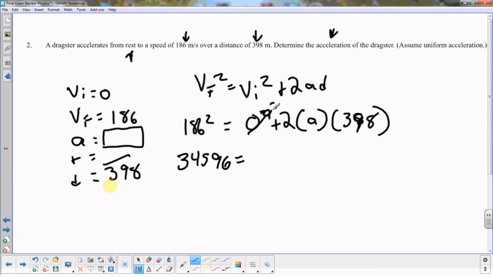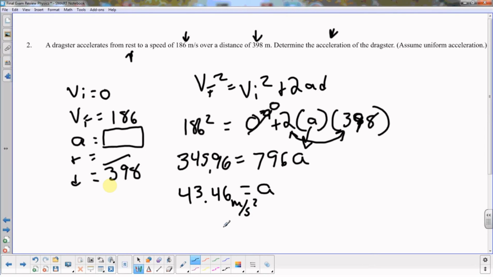So it's 796a. What I did is multiply those two together and just brought down the a. So that times that gives us 796 with an a. This is a big number. We're going to have to solve for a. So 34,596 divided by 796 is 43.46 meters per second squared.